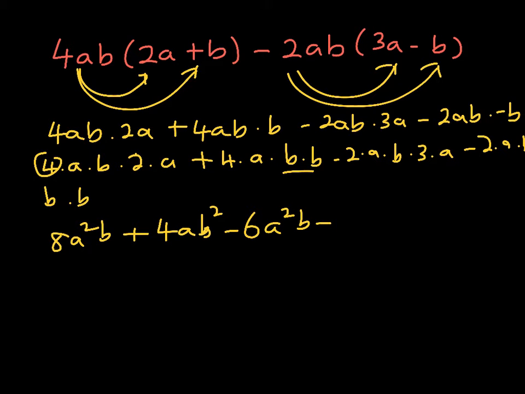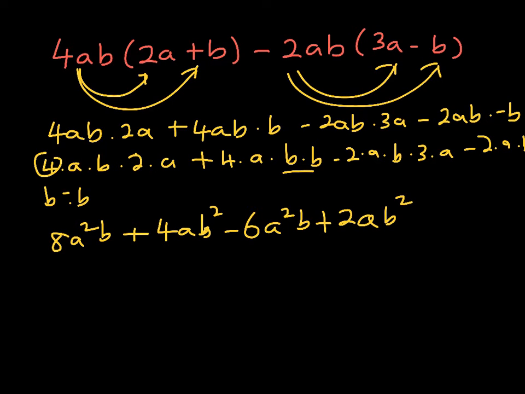Then minus, but remember this is a negative b, so this becomes plus, so negative 2 times a times b gives us a plus 2ab squared.